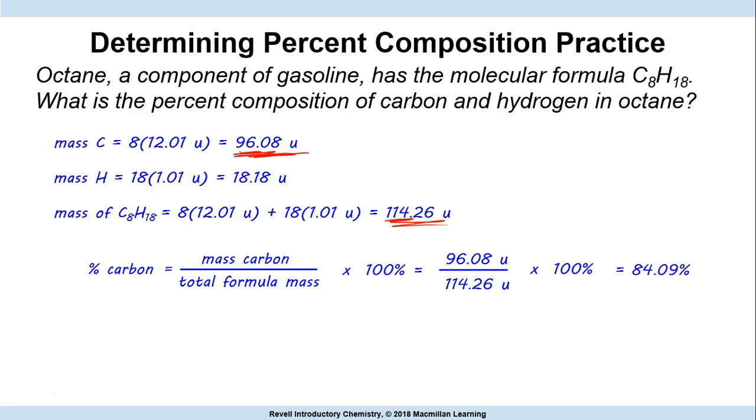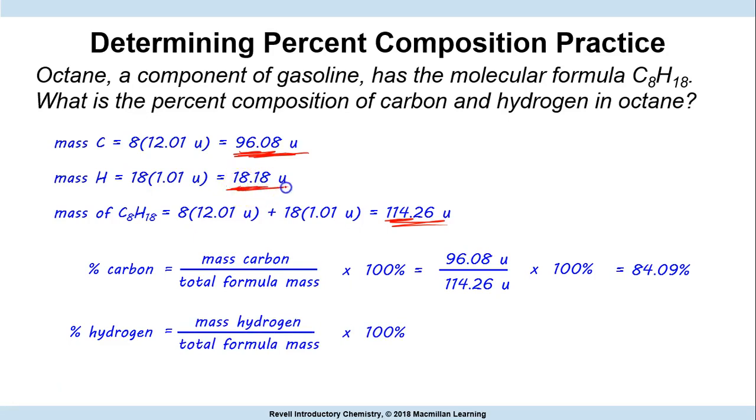Now let's look at the percent composition of hydrogen. The percent composition of hydrogen will be given by the mass of hydrogen over the total formula mass times 100. So we've calculated the mass of hydrogen and we have 18.18 atomic mass units. And the total mass of the compound is 114.26.